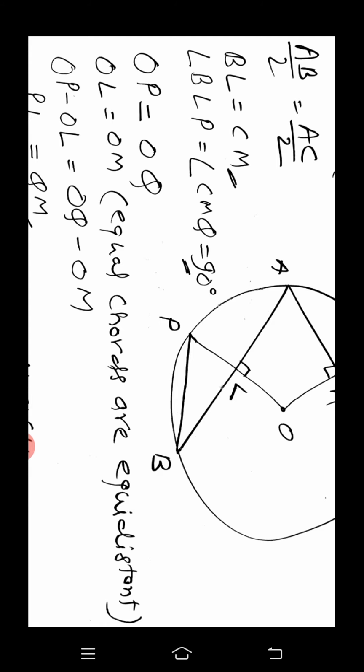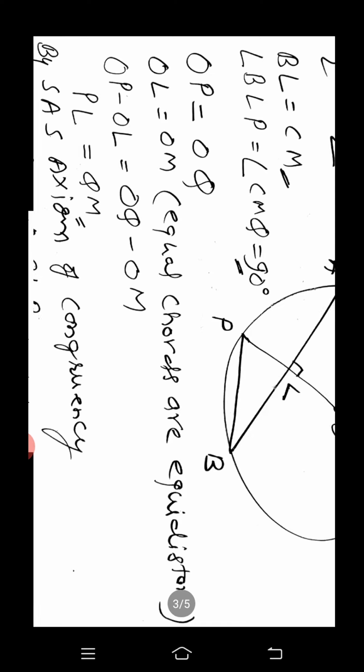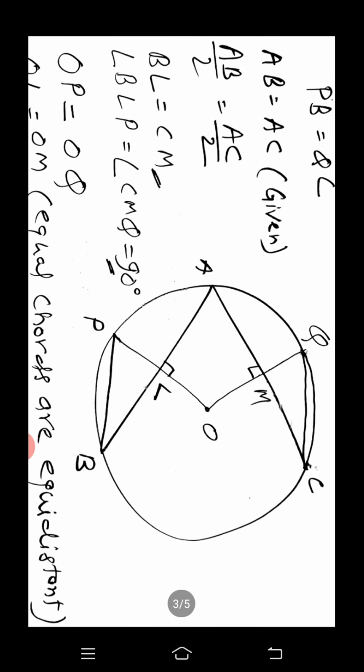So we get PL equals QM. PL and QM are also equal. So now we have got three things equal: PL equals QM, angle CMQ equals angle BLP, and CM equals BL. Three things in order: side, angle, side.